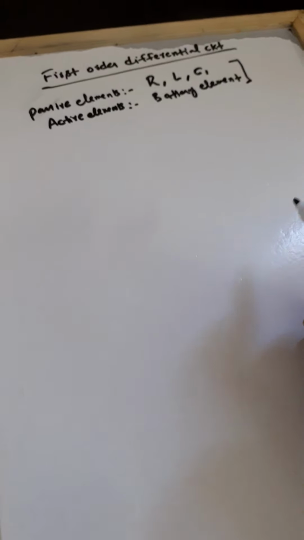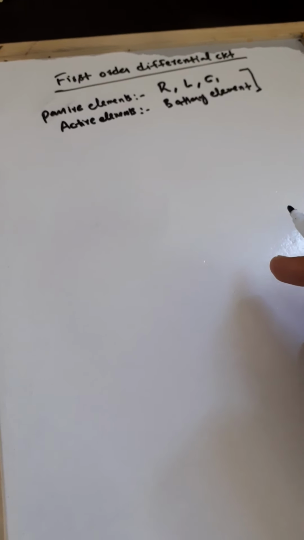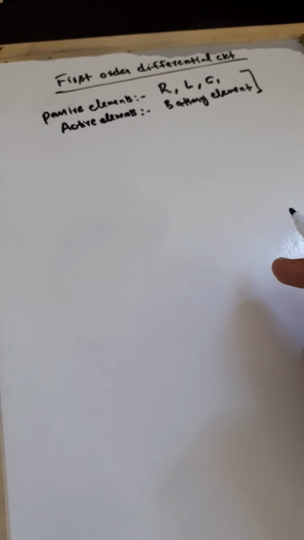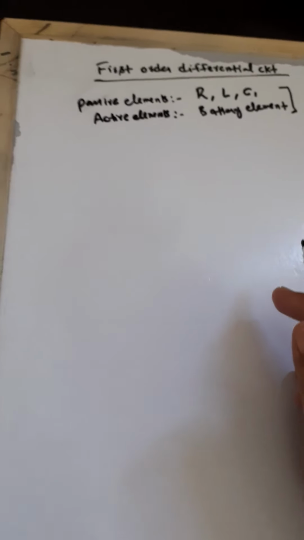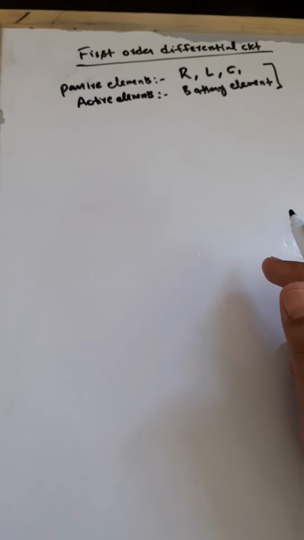Now before going to understanding the first order differential equation with respect to the electrical engineering scenario, we want to understand it. So how do we go about it? Basically what is seen is that if we take a resistive network and we apply KVL KCL equations in a resistive network, we arrive at algebraic equations.